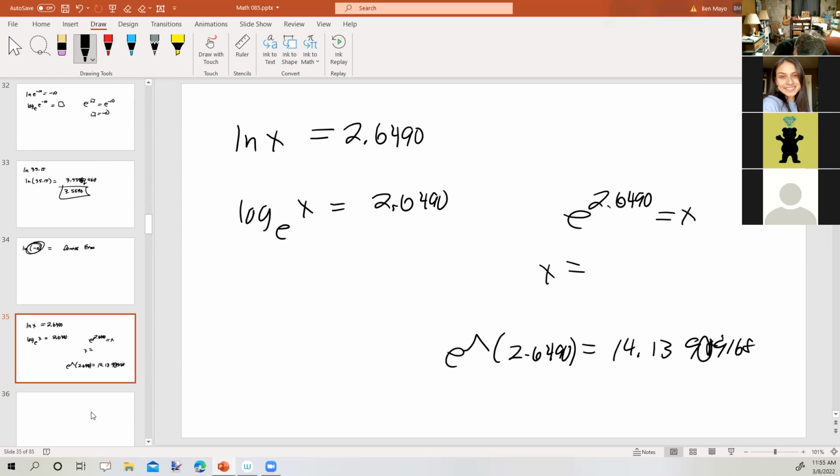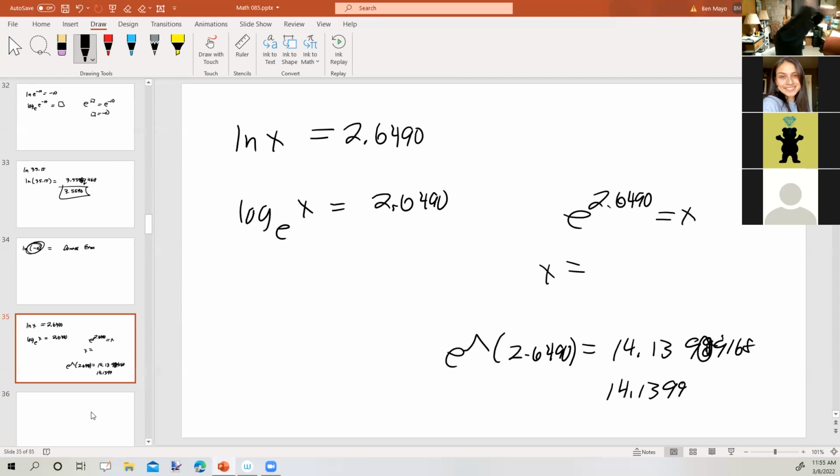Let's see, the 9 would round up, so 14.1399. Oh, that's an 8, so that should be a 9. Sorry, couldn't read that. Rounding to 4 decimal places. Okay. Any questions about that?